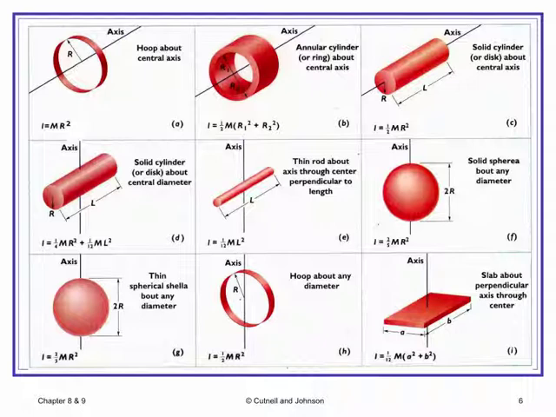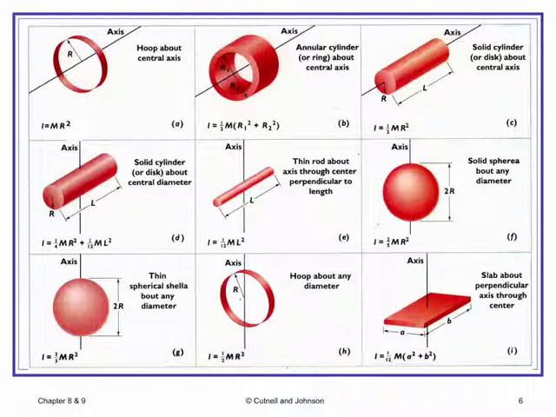And there are all sorts of different objects here. As you go down here, you have A, B, C, etc. A couple of things to point out: C refers to a disk. The length doesn't matter in this case, because the axis of rotation is through the middle of this cylinder or disk.